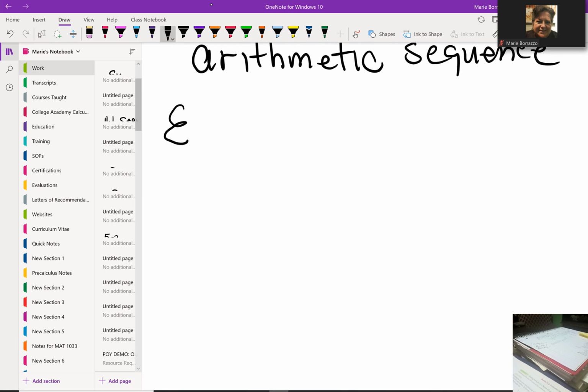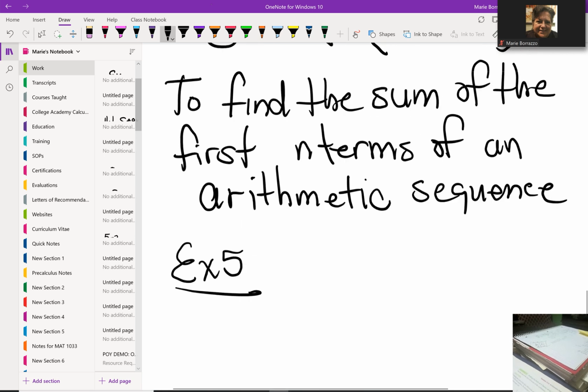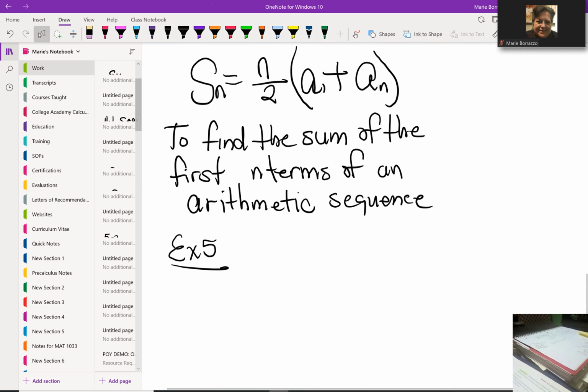This brings us to example 5. And going back to the formula just in case you missed it.